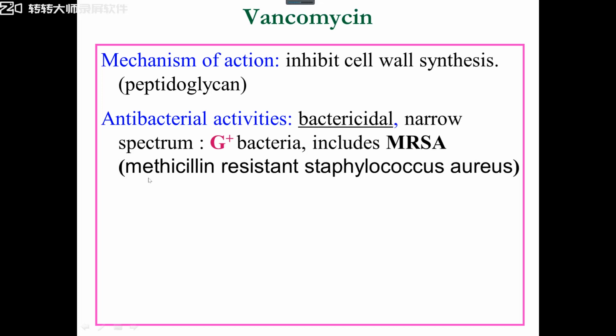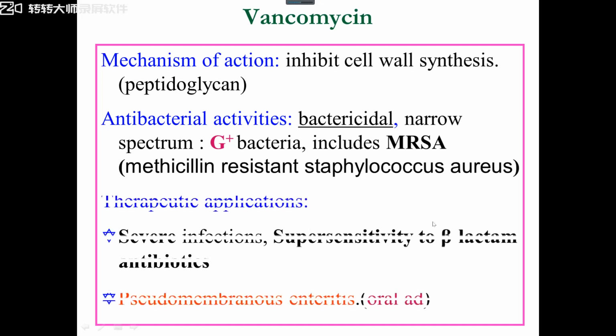The full name is methicillin-resistant Staphylococcus aureus. I think you still remember this bacteria. Very strong, very difficult to kill. So, in clinic, vancomycin is mainly used to treat MRSA infection, meaning serious infections that are resistant to beta-lactam antibiotics.